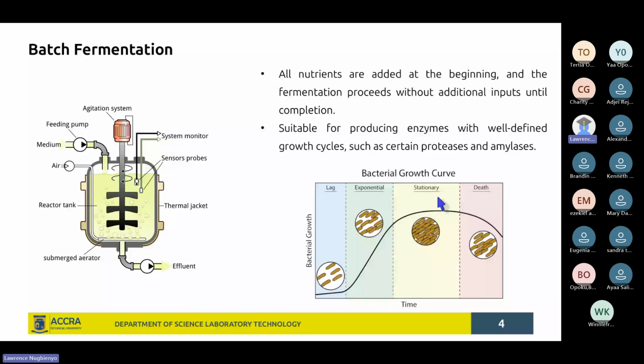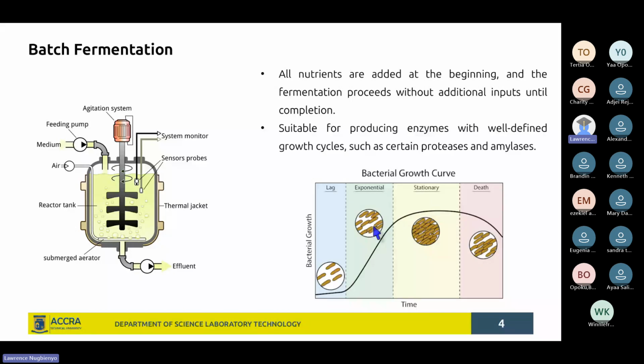So for instance, if you know that the bacteria that you are introducing into the digester, into the processor, is going to grow, let's say, the exponential growth period is going to take maybe some 12 hours or 24 hours. And then a stationary phase is also going to take maybe another 48, 72 hours, things like that.